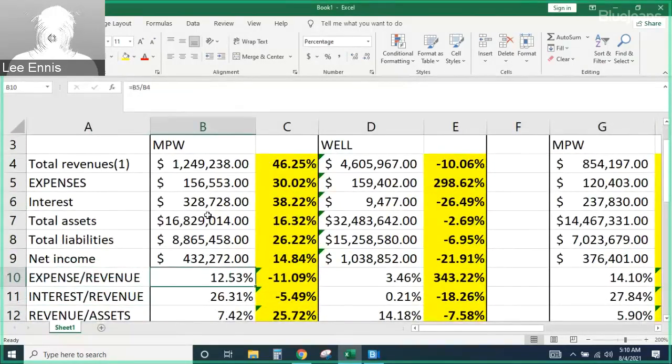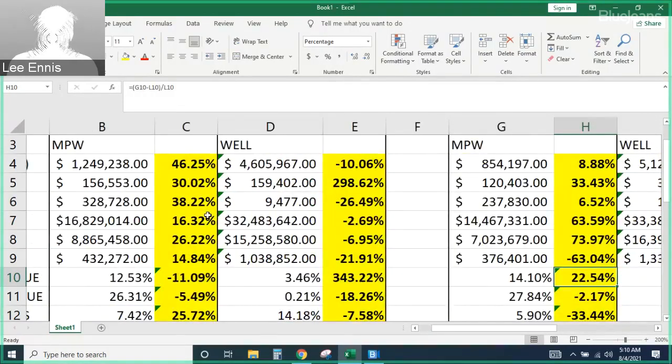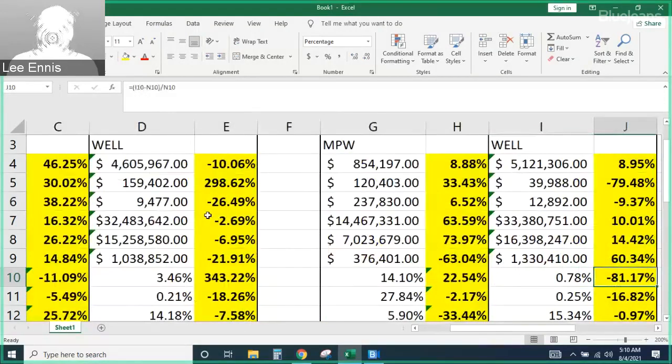The expense is a lot bigger for MPW, which is actually a decrease in 2021. Welltower had a huge increase, and then we see this huge decrease.